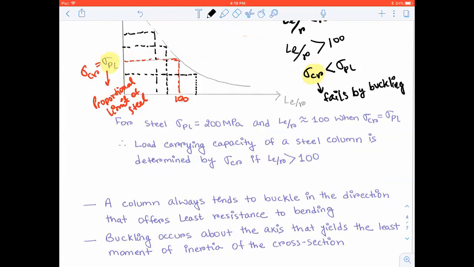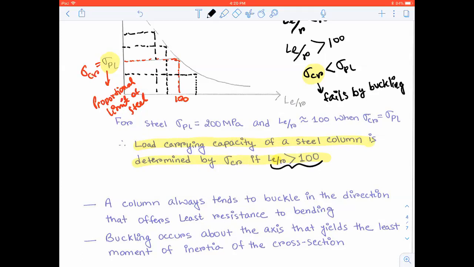So the load carrying capacity of a steel column is determined by critical load when your ratio is greater than 100. But if it is less than 100, we are not too worried.